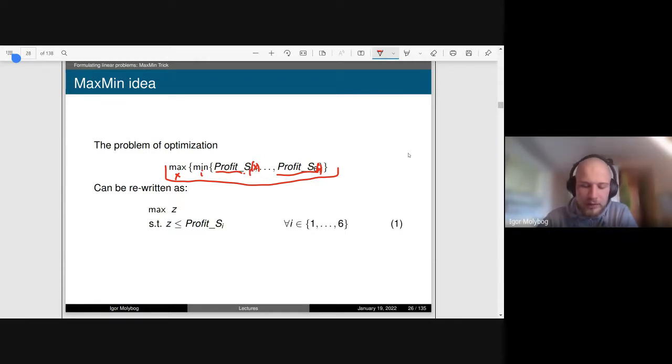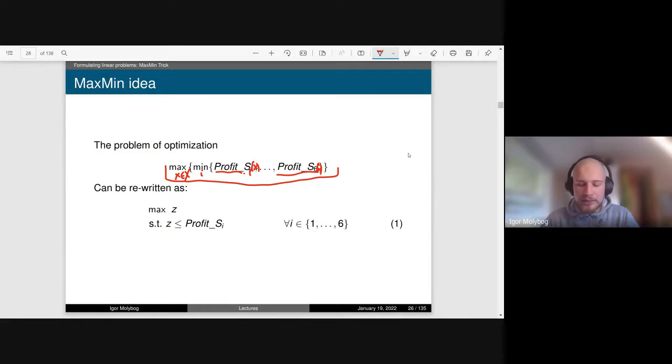So this is minimization over 6 numbers, but this maximization is over some big set x. So we need to make a decision on this variable x, so that in the worst case we are getting as much as possible.